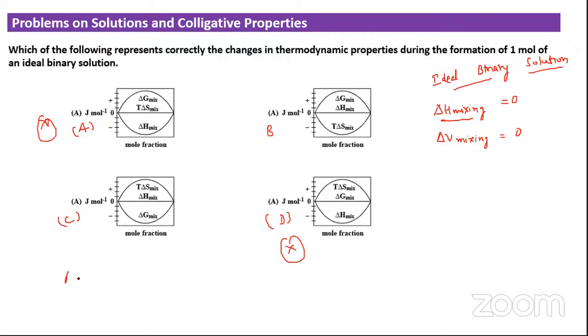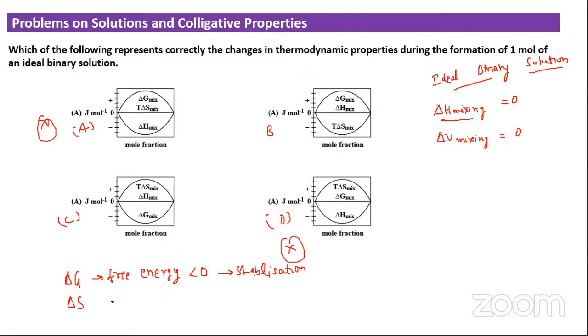Now let's talk about delta G and delta S. Delta G is free energy. तो कोई भी solution form होने के लिए free energy should always be negative, because this always leads to stabilization. अगर किसी process में free energy negative नहीं है, या we can say free energy positive है, so obviously that process will not be spontaneous, so process backward चला जाता है, doesn't take place. तो अगर delta G greater than zero है तो obviously solution बनेगा ही नहीं.